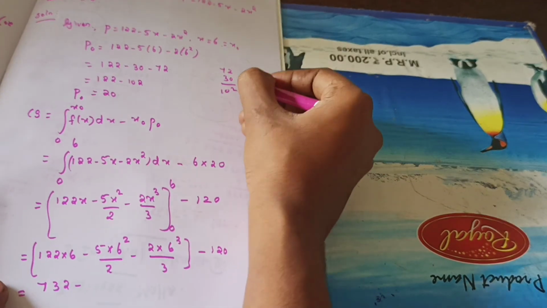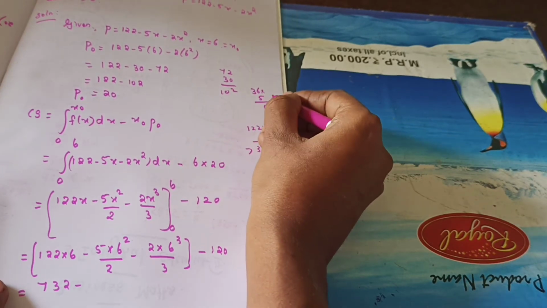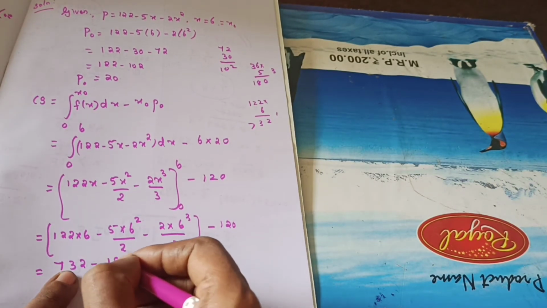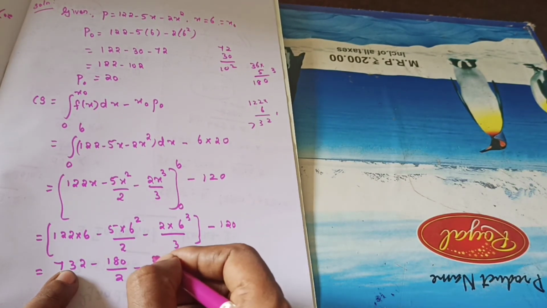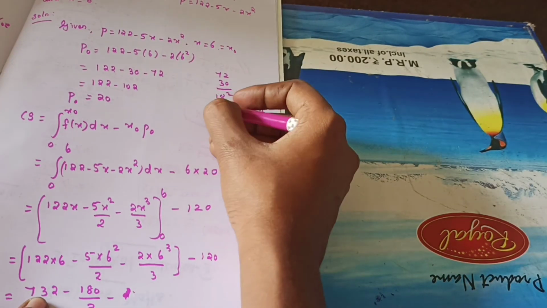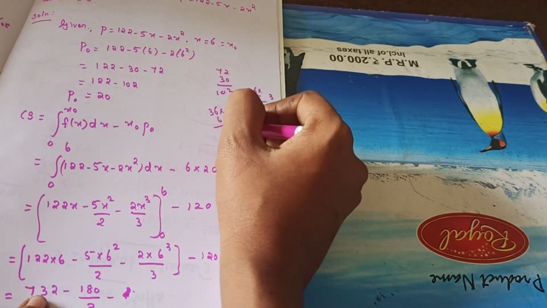Minus 36 into 5 is 180, by 2. Minus 2 into 6, 6 are 36, 36 into 6, 216, correct?